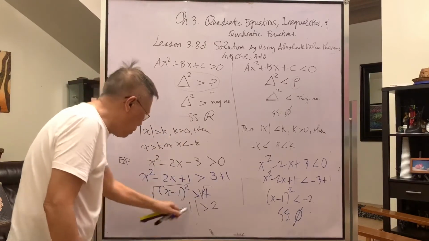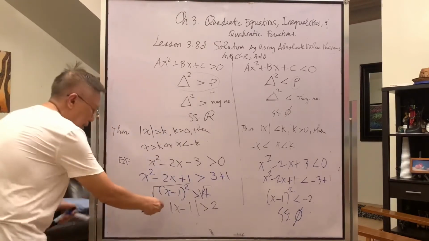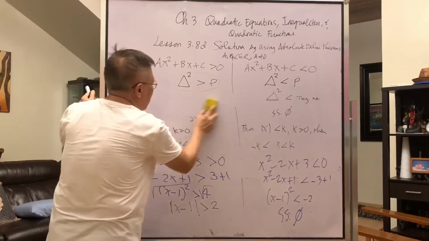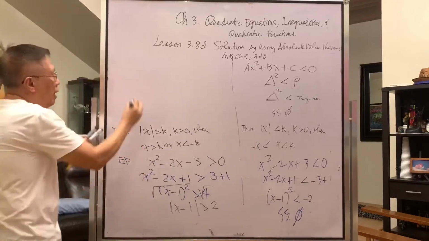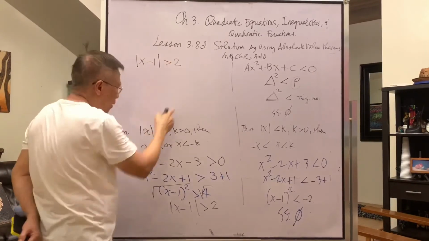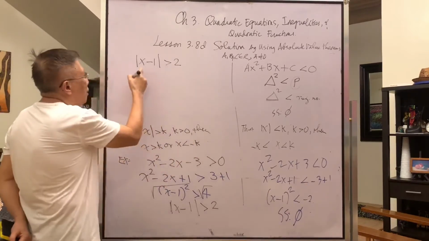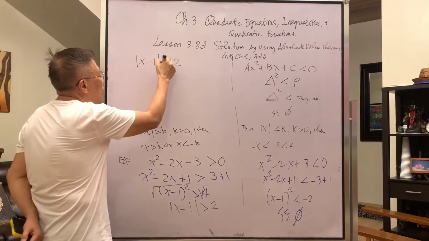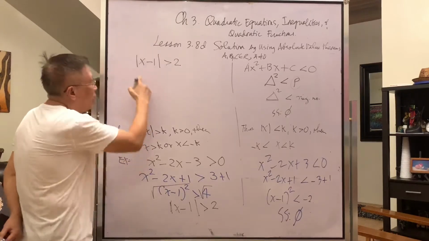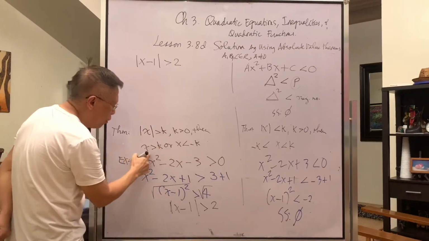Here, my x is this whole quantity, and my k is 2, which happens to be greater than 0. Which means that we now have this inequality, and according to this theorem, I can remove the absolute value symbol by rewriting the statement in this form.